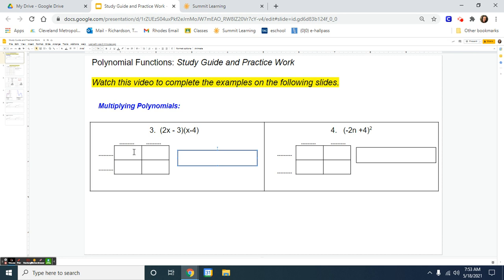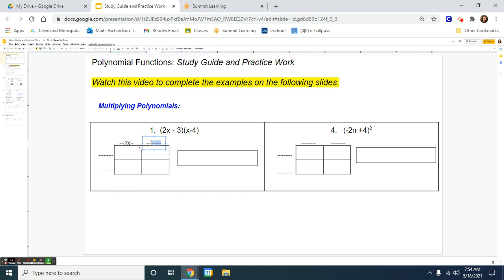Okay, so we're still going to use the box method. It still should look very familiar. So this first problem is saying 2x minus 3, and then the second parenthesis is x minus 4. So just like we were pulling out these blank spots to make our parentheses, we're going to put these parentheses in our blank spots. So for example, 2x minus 3, I'm going to put that in this first blank spot.